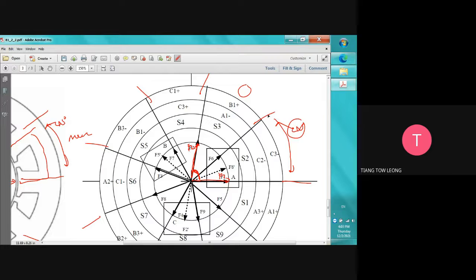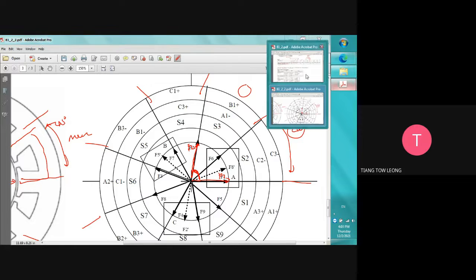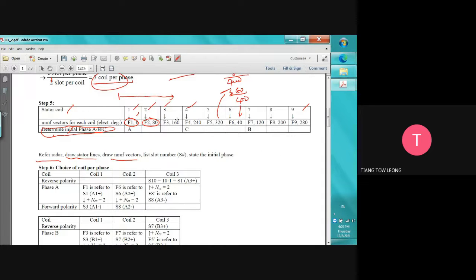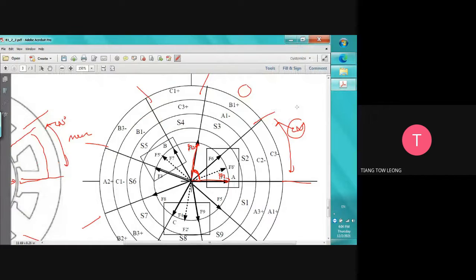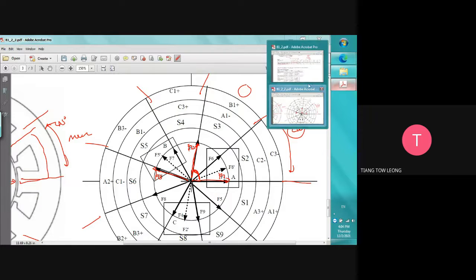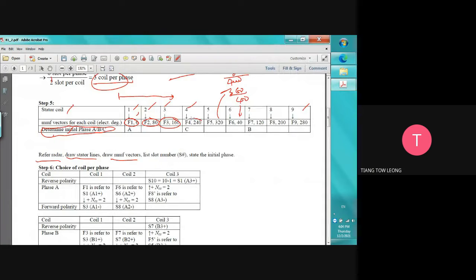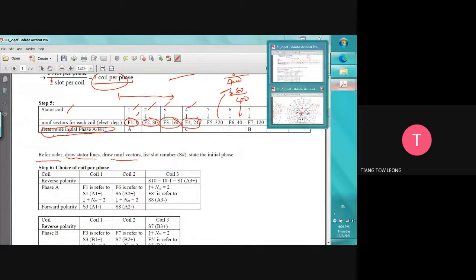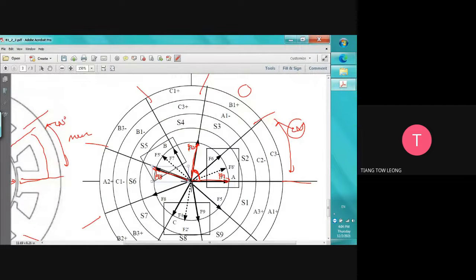Okay, thank you. So F3 is 160, which means we need to have 4 times 40. This is F3. Then F4 240.